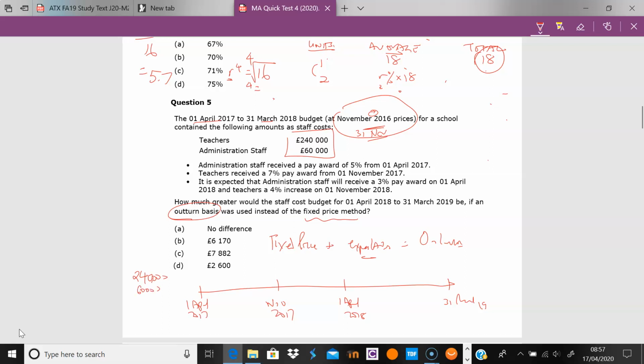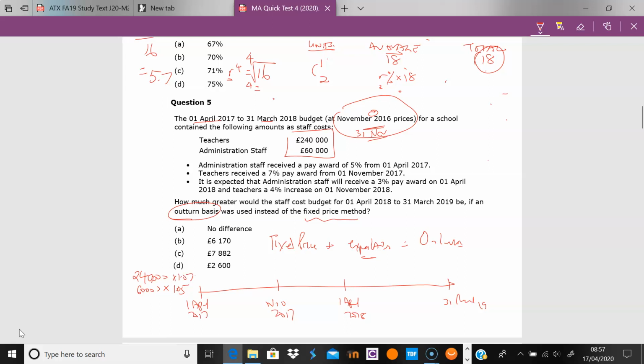Admin staff, 60,000 times 1.05, right? I know this is the budget I will set using a fixed price method. And I also know that you've given teachers here 1.07, and here you're giving admin staff 1.05.